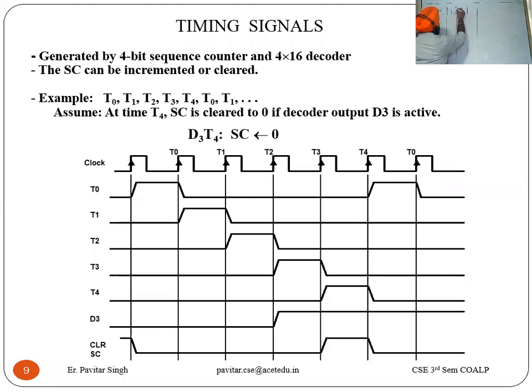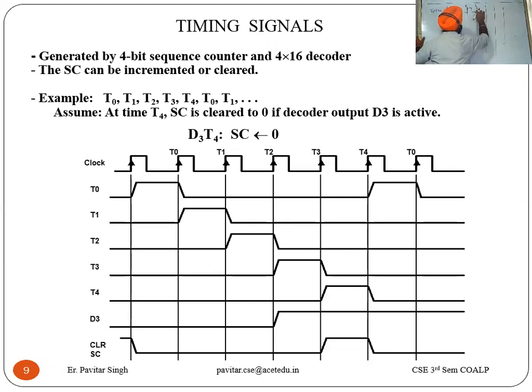After that, again you have T1, then you have T2, then T3, T4, T5, and so on.